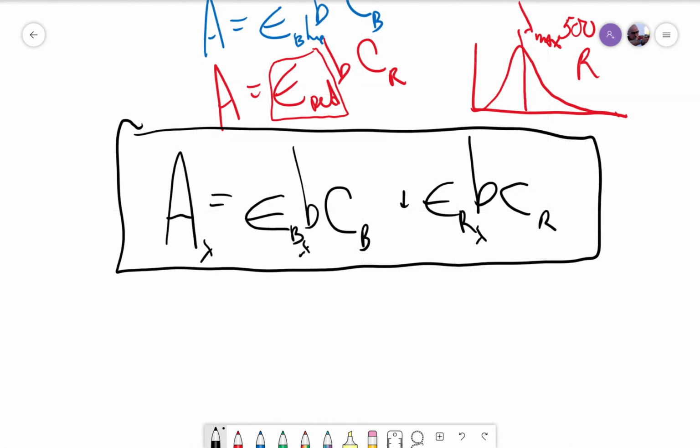Bottom line of all this is the total absorbance in a solution really is equal to just the sum of the absorbance of the blue plus the absorbance of the red. That is the total concept of the Beer-Lambert law.